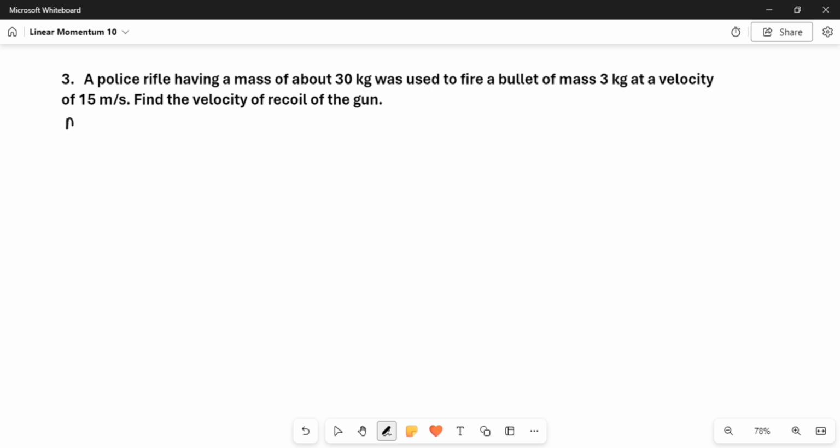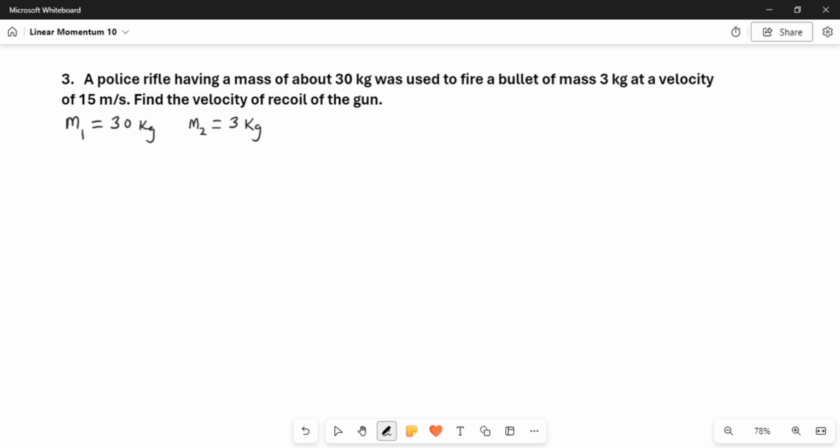So we say M1 is 30 kg. It was used to fire a bullet, so it means the bullet is the second object. So we say M2 is 3 kg. And this bullet is moving at a velocity of 15 meters per second.